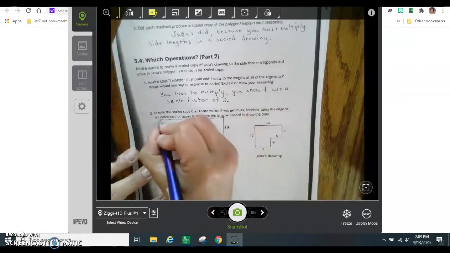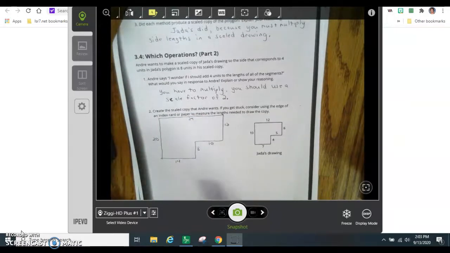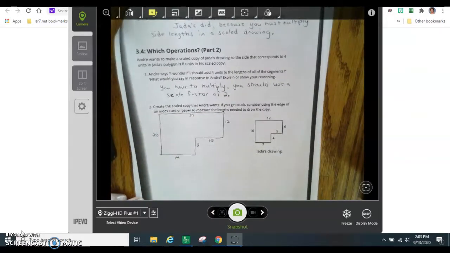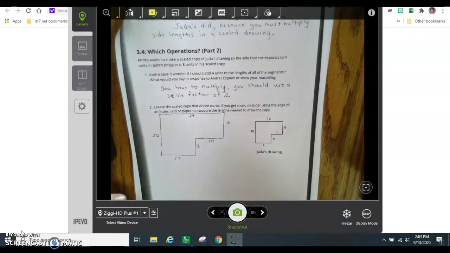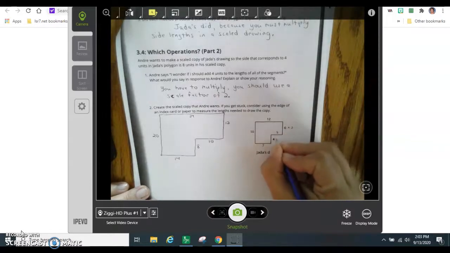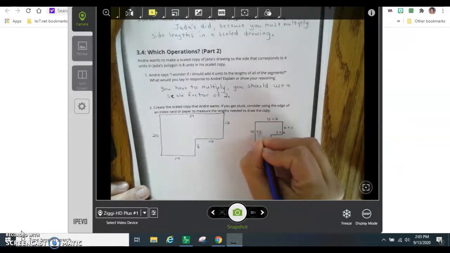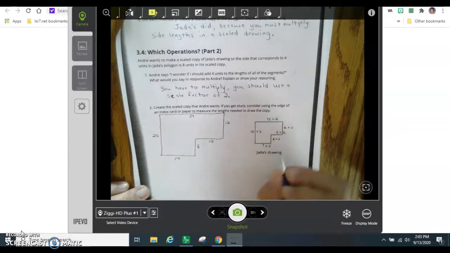And the 10 over here would become a 20. Okay, so this would be what your scale drawing should look like. We are multiplying by 2 because we wanted this side to be an 8. So you have to multiply each of these numbers by 2, which is how I got the measurements for my new copy.